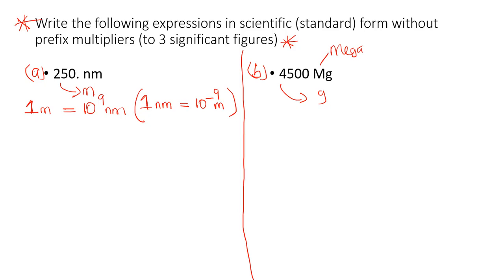But you know what? I don't like using negatives. If the small value is given a 1, the bigger value is going to have a negative. For example, a nanometer is smaller than a meter. If you give a 1 to the nanometer, definitely the meter will have a negative exponent.